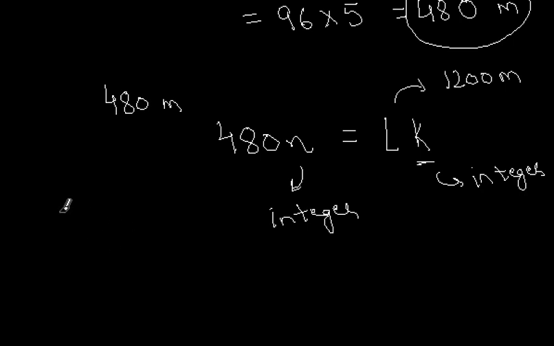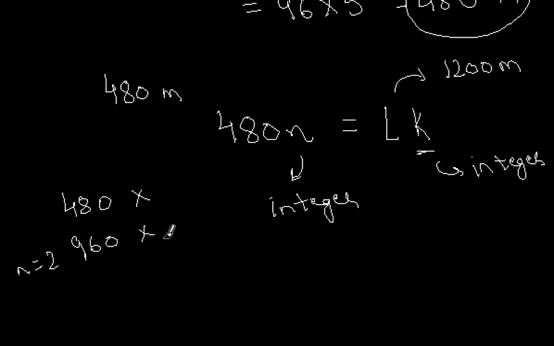Okay, so if we take 480, this clearly is not the starting point. If we take 960, so n is equal to 2, this will again not be the starting point, and so on we can check. But this is a very long procedure, so what we do is we cancel out. So 480n is equal to 1200k.